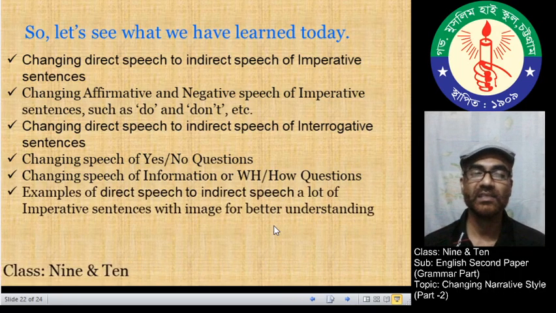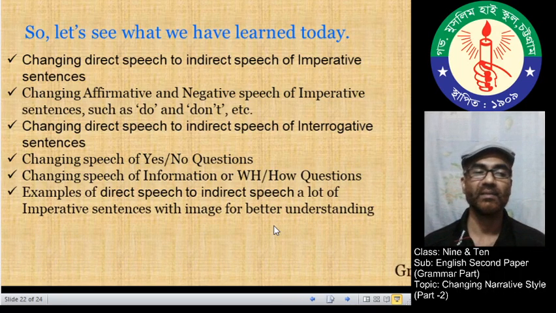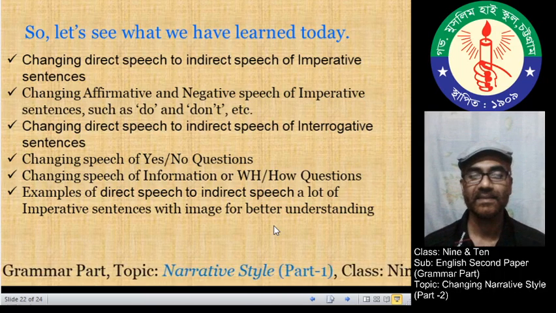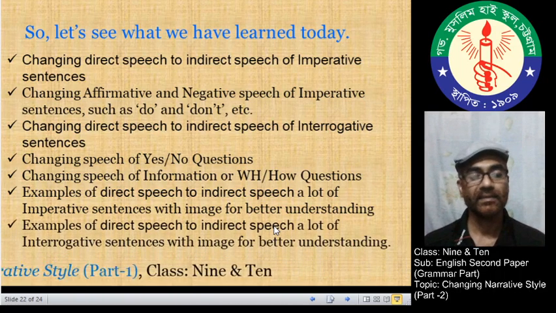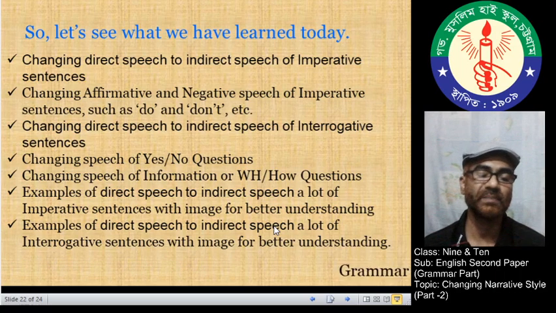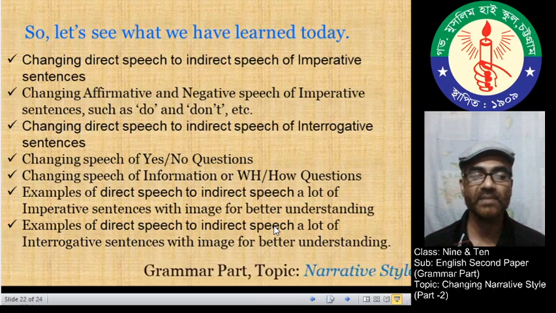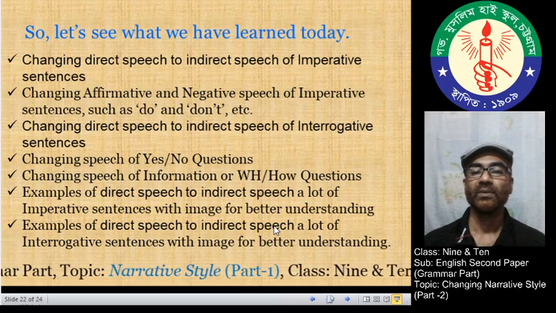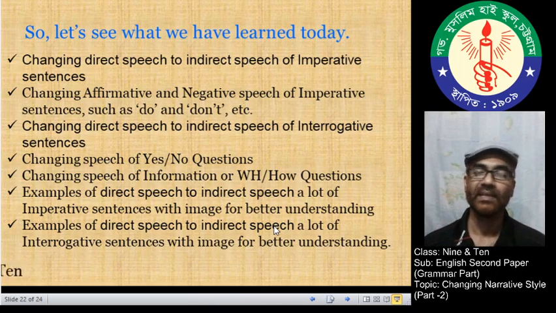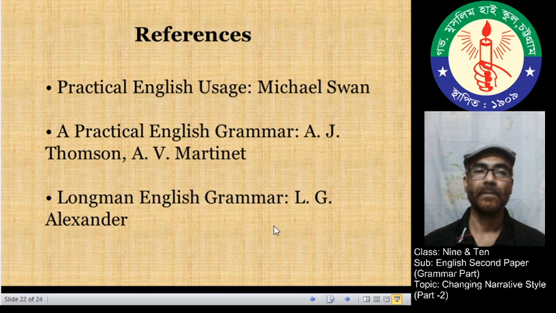And examples of direct speech to indirect speech: a lot of imperative sentences with images for better understanding. So here's another one. Examples of direct speech to indirect speech: a lot of interrogative sentences with images for better understanding. So these are the things we've learned today, and here are the references.